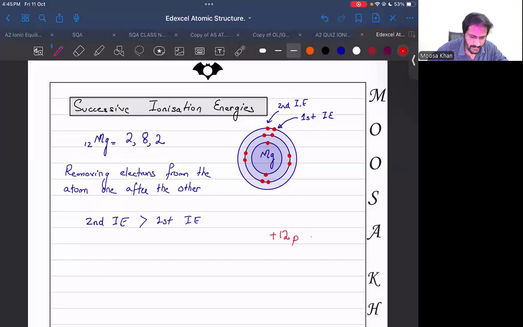But once you have removed one electron, the number of protons is the same, but the number of electrons has decreased by one. Now the remaining 11 electrons are still being held by 12 protons. So now the force of attraction on the remaining electrons would be greater, right?